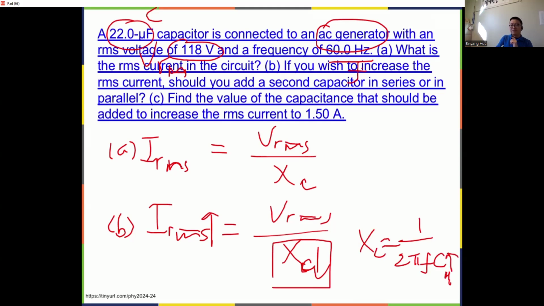So for capacitors, you need to put them in parallel to add up. If you don't remember, that's what you should have. So we should put them in parallel, and we'll find that out later.